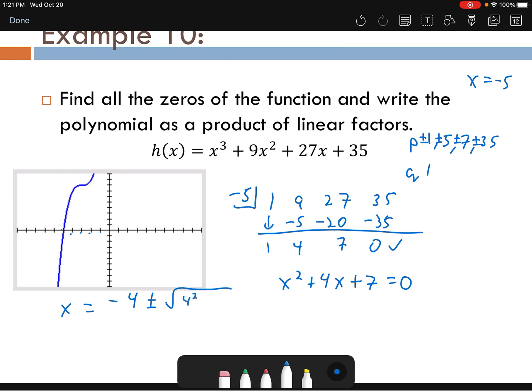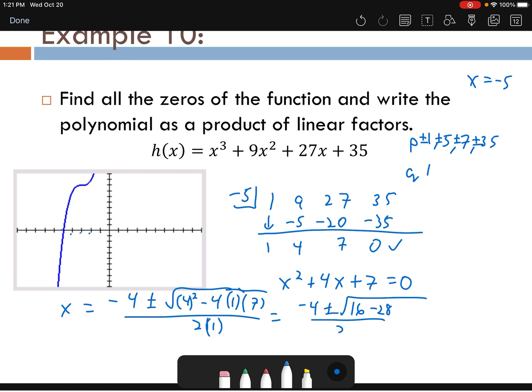So negative b plus or minus the square root of b squared minus 4ac all over 2a, which will be 16 minus 28 all over 2, okay, which is going to be negative 12.